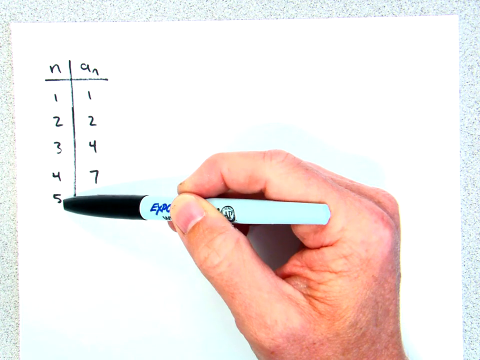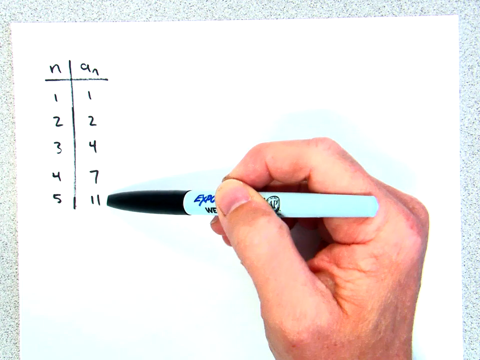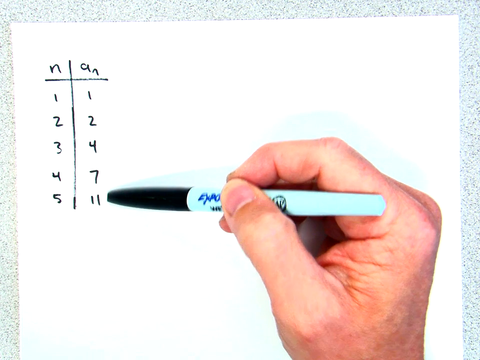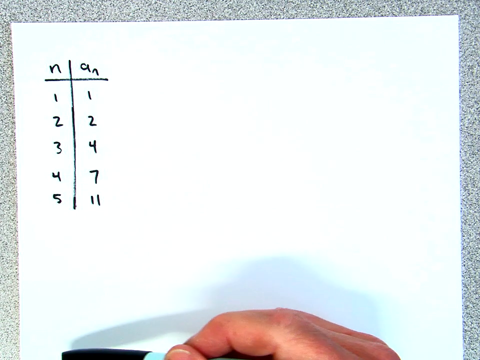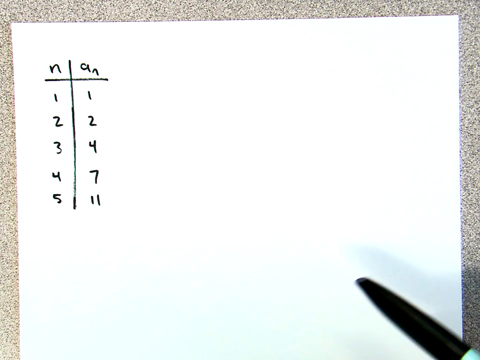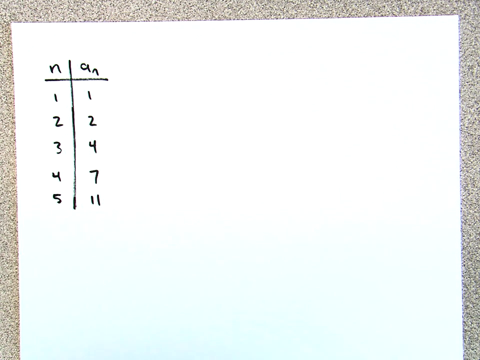So if the 5th image had 11 blocks, then if we knew how to build this sequence, we can go right to the 50th image and say how many blocks are in that guy. That's what we want to do today. If you are interested in the recursive formula for this, there is another video you can watch to go through that one. But this one is specifically about the explicit.